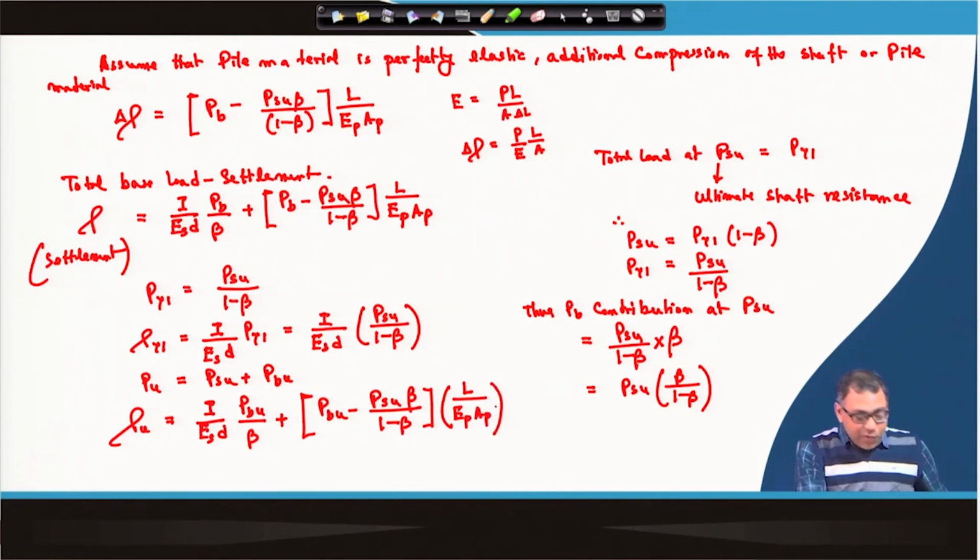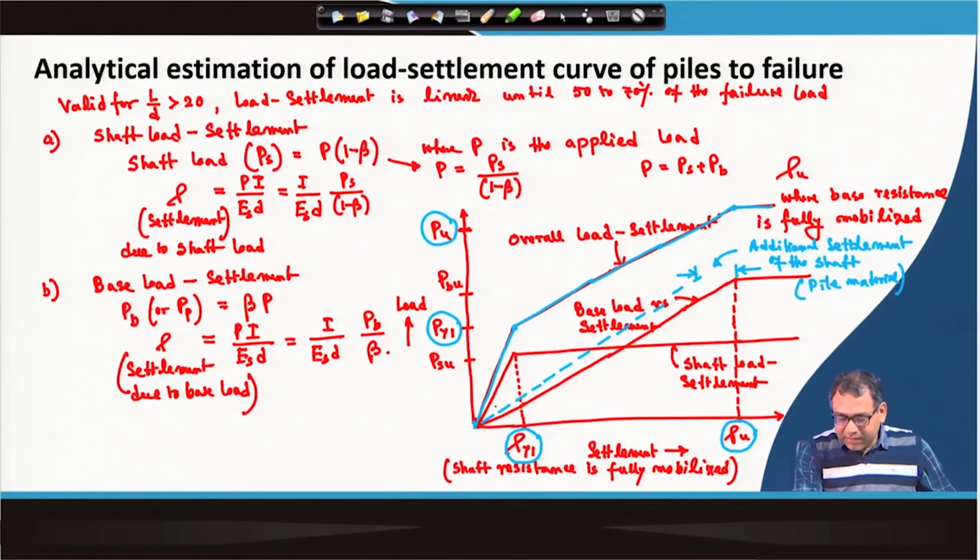So, now these 4 quantities I have determined. Once I know these 4 quantities, I can draw the overall settlement curve, or I can draw the individual curves also, because I know the Psu, I know the Pbu, I know the settlement.